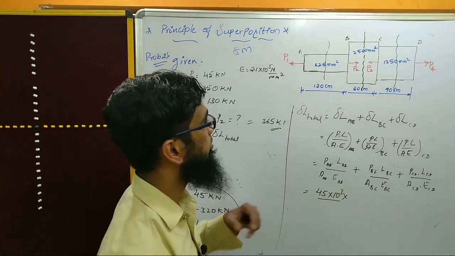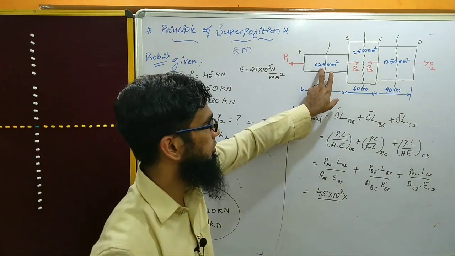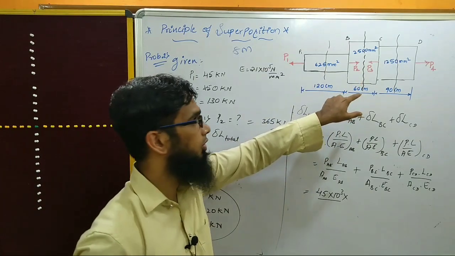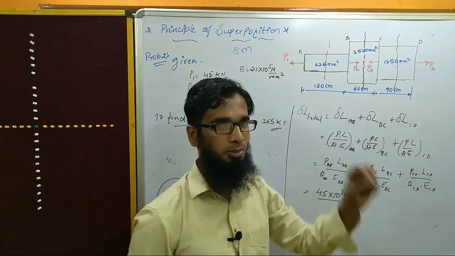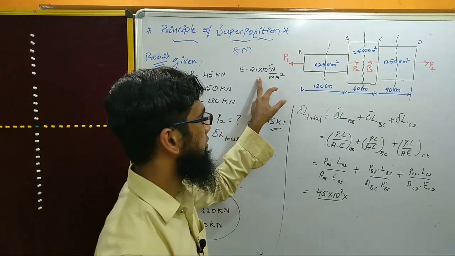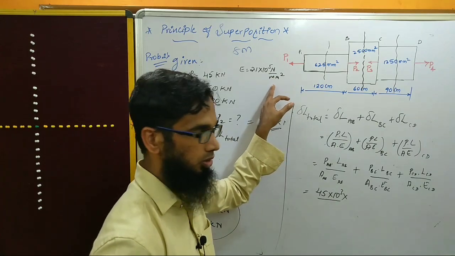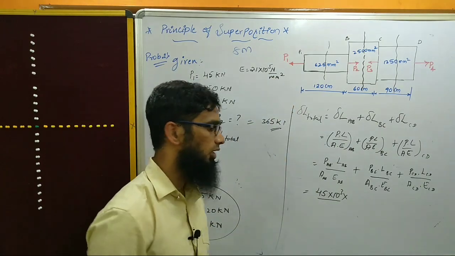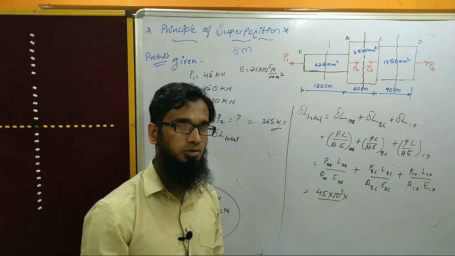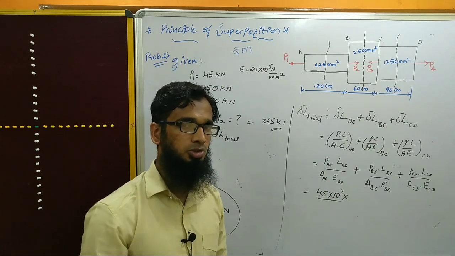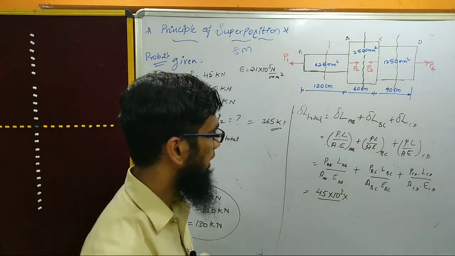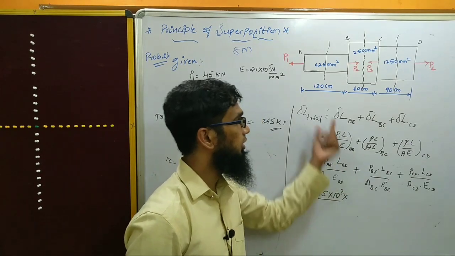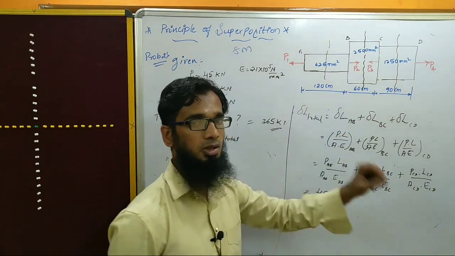The area is 625 mm square, and Young's modulus is given in Newton per mm square. So I need to substitute the entire thing in terms of Newton as well as mm. That's why I'll convert the length of the given member into mm.